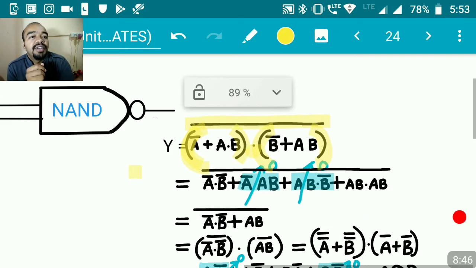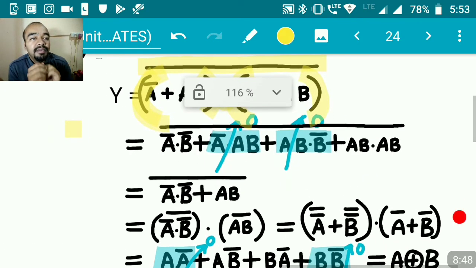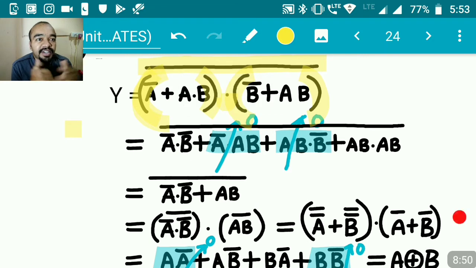Next we have to resolve some of the equations. Let us try to resolve them. We just multiply them first: a bar into b bar, a bar into ab, then ab into b bar, and then ab into ab.